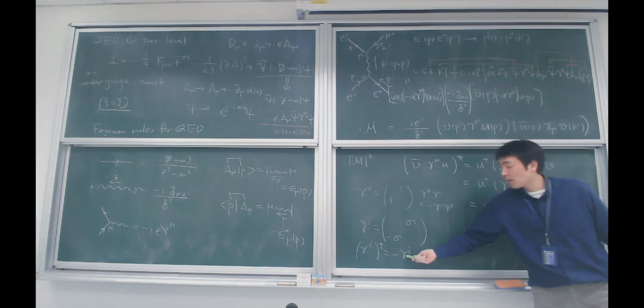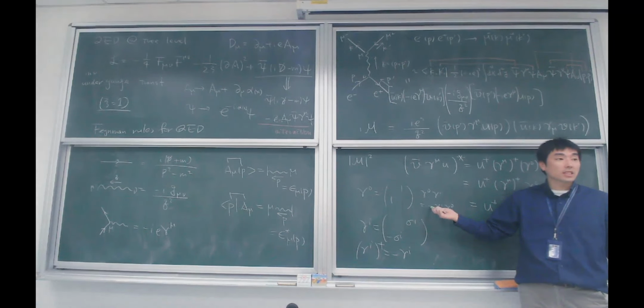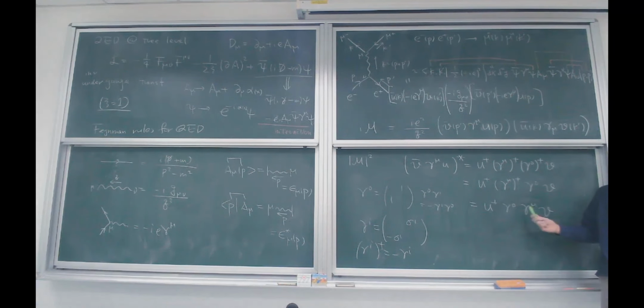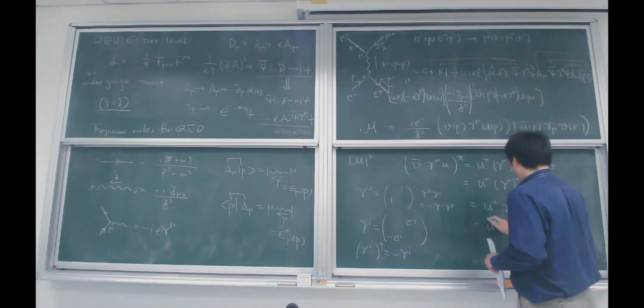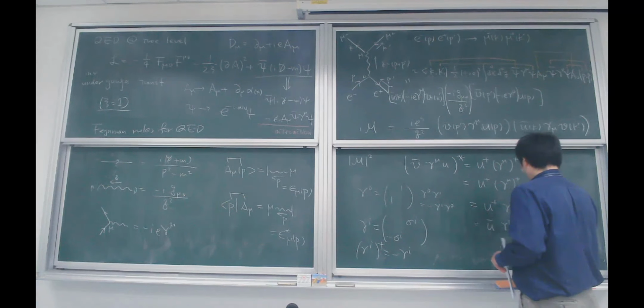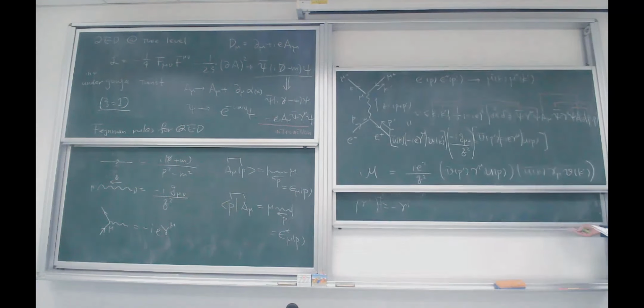Dagger is just minus gamma i. But if you swap it, you cancel the sign. Therefore, you have gamma 0 and gamma mu. So therefore, this is equal to u bar gamma mu. If you use these combinations, what we'll have is as follows.